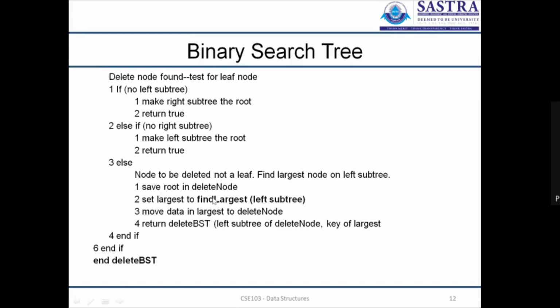Find smallest means the right subtree, find largest means the left subtree. Then move the data in the largest, whatever value we identified as the largest, to the delete node. Then return delete BST of the left subtree of the root and key of the largest. In the left subtree, the largest value we need to delete. So actually we are not deleting the node with the two subtrees.